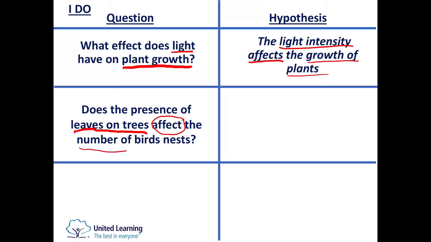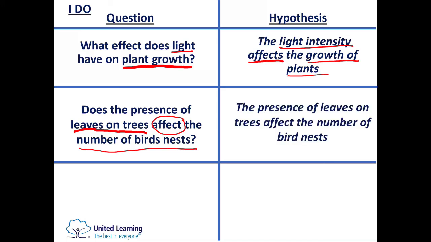The number of birds' nests is going to be my next variable. So my hypothesis is going to be the presence of leaves, which is the first variable here. So I'm going to put my first variable on the trees, affect the number of birds' nests, and that's going to be variable 2.